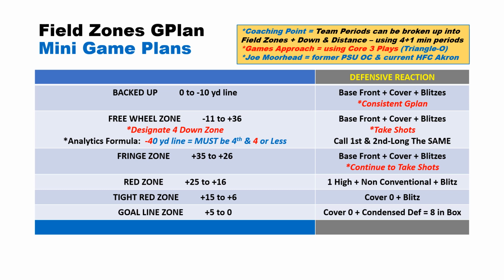Fringe zone is now where we're talking about being in that 4-down zone area. Continue to take shots. Plus 35 we're out from, but you're going to see more blitzing. High red zone then is plus 25. You're going to see their best in the base defense with blitzing, and then we get tight red zone down to the plus 15. A lot of cover zero, they're going to bring it. Goal line, obviously, you're going to see 8 to 9 people in the box. Condensed defense.